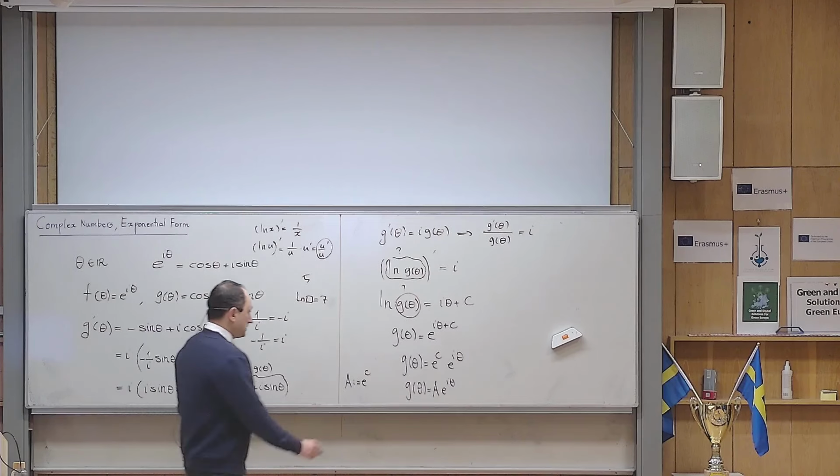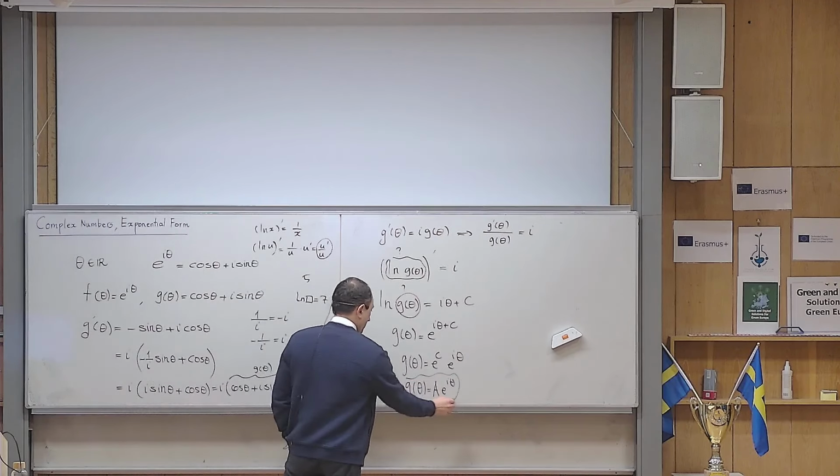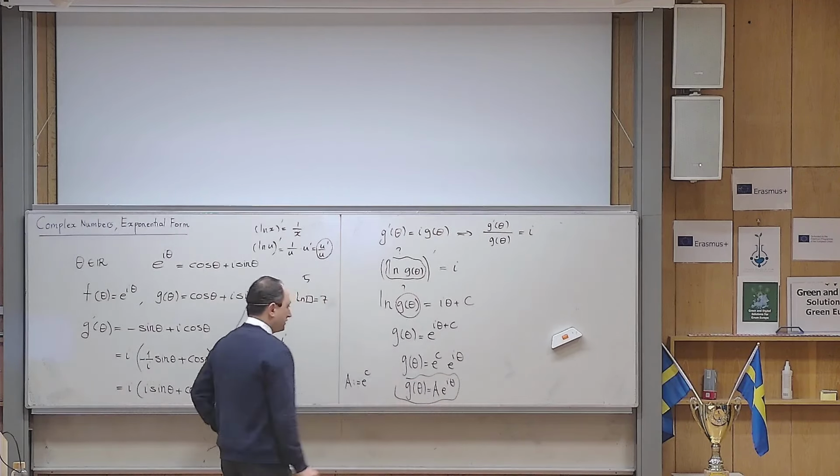Okay, so this is g theta. But what is this part? This part is f theta. So what I realized is that g theta is a times f theta.